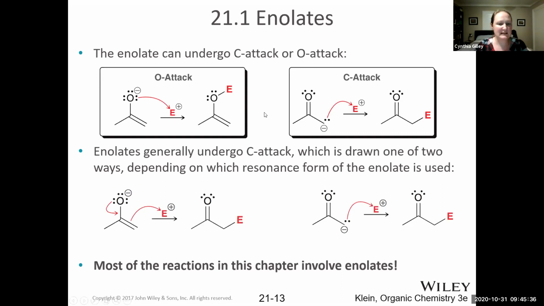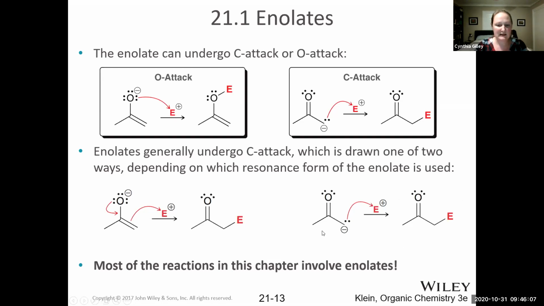So which process is typically favored? As it turns out, enolates typically undergo carbon attack, which can be drawn in one of 2 ways mechanistically. If you use this resonance contributor, then you need to show 2 arrows to form the product. And if you had drawn this resonance contributor, only 1 arrow is needed to form the product.